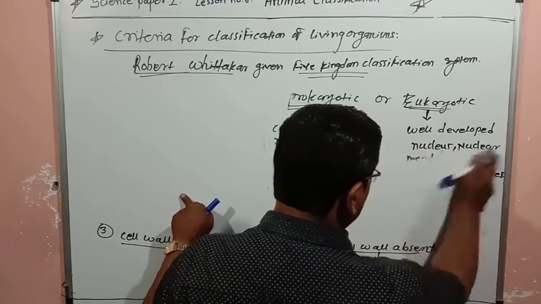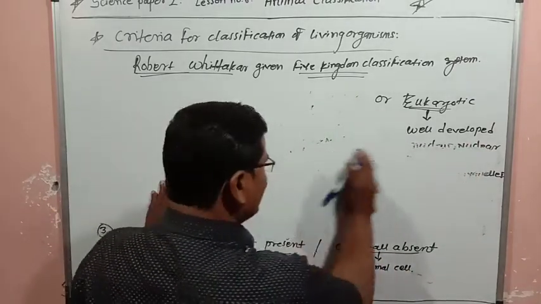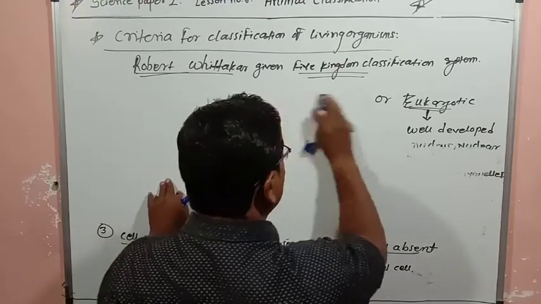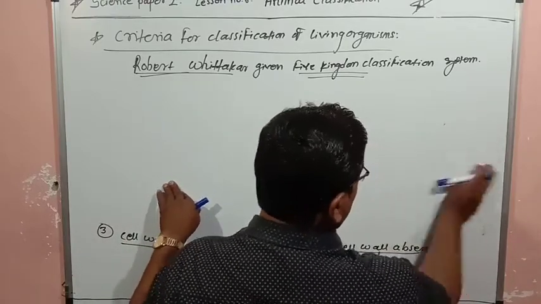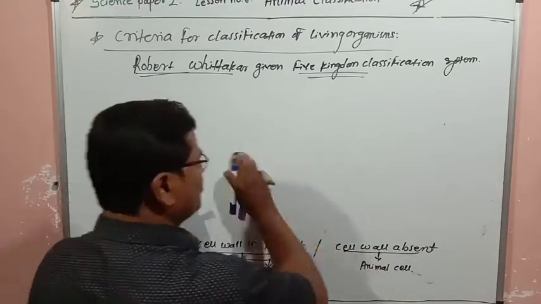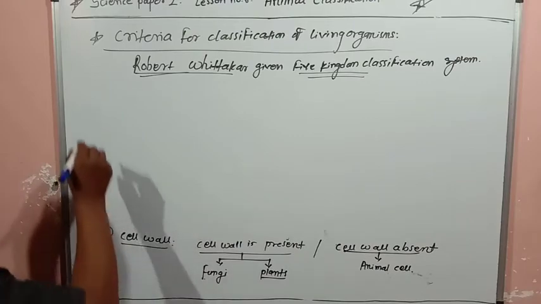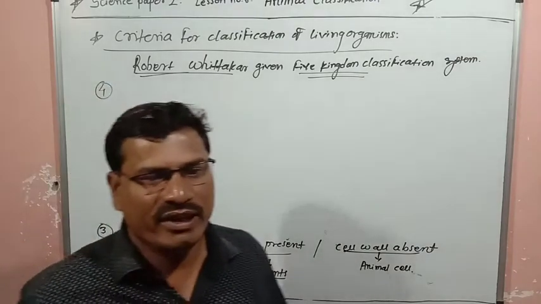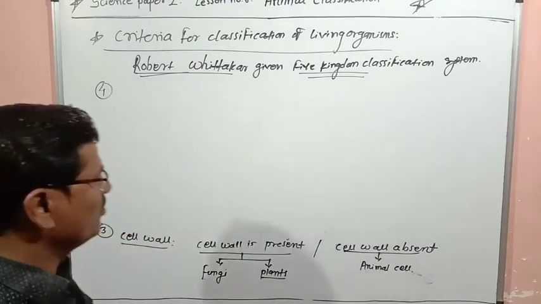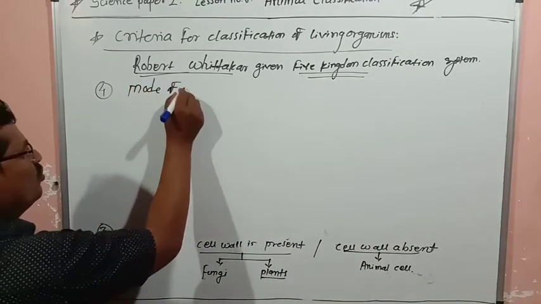In general, you have already studied from 7th standard the autotrophic mode of nutrition and heterotrophic mode of nutrition. So according to mode of nutrition, organisms are classified.